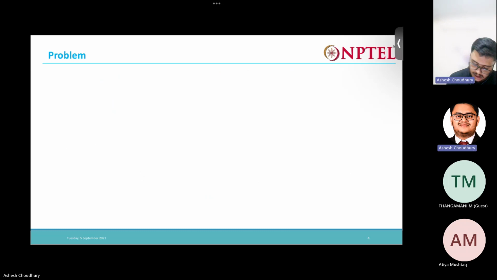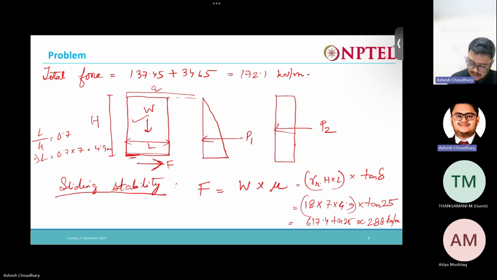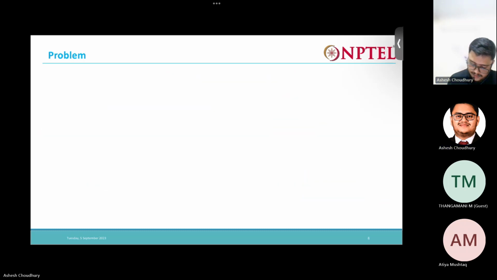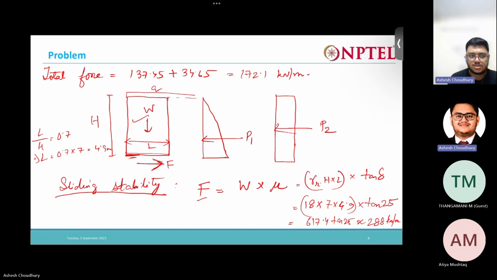Okay. Now, what will be the factor of safety? Sliding resisting force divided by the disturbing force. How much is the disturbing force? 172.1.